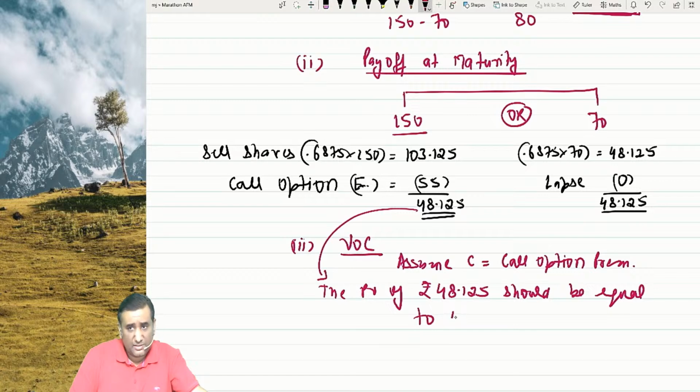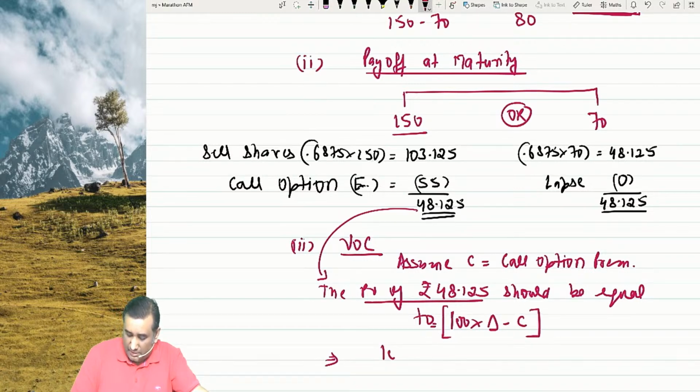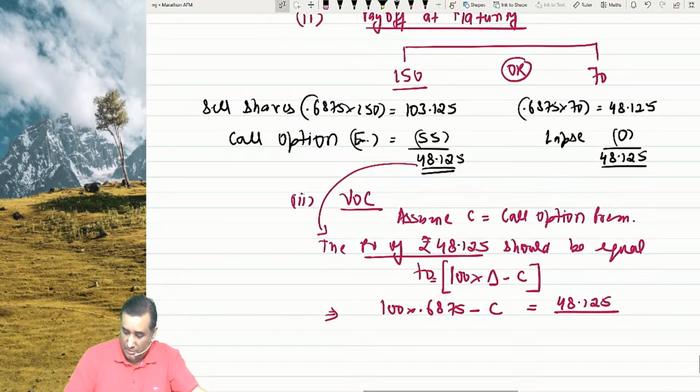What was the spot price? 100. That's the delta which you have calculated, but I'm writing it here. It's spot price times delta minus the present value of this price. 100 into 0.6875 would be the money required. Some money would come from the call option. That should be equal to 48.12 divided by 1 point.